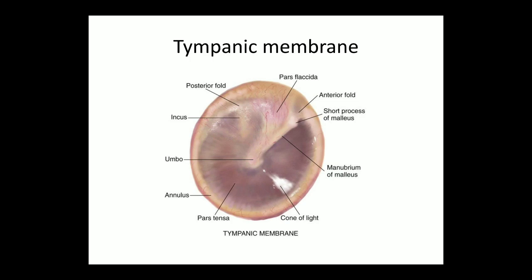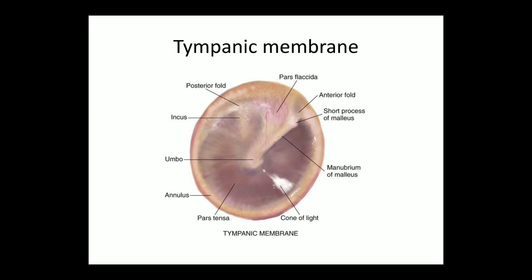The drum is placed obliquely at an angle of 55 degrees with the floor at the inner end of the external auditory canal and faces downwards, forwards and outwards. Thus the floor and anterior wall of the external ear canal are longer than the roof and posterior wall. So the important point is the angle of 55 degrees.